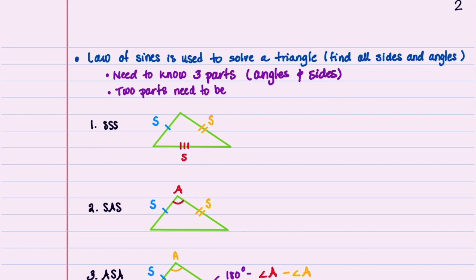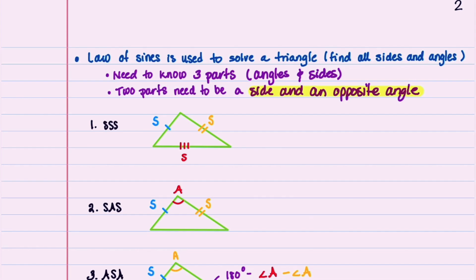Two of the parts need to be a side and an opposite angle. And I'm going to highlight that because that's extremely important.